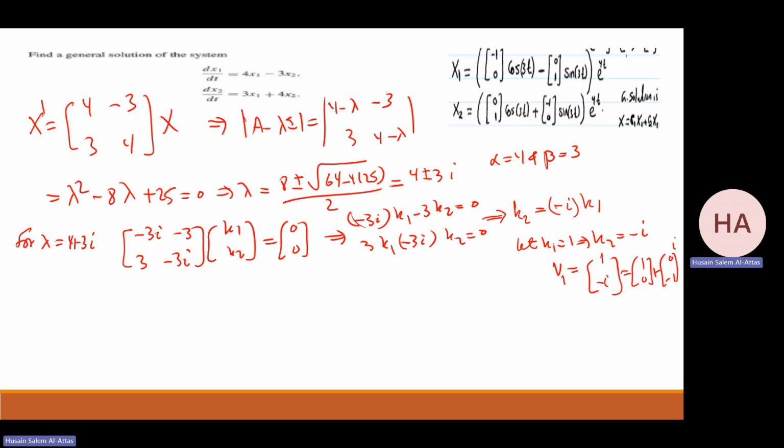He's using the second equation, this one. But it's okay. Where he has k1 equal i k2. So if k2 equals 1, k1 will be i. So you have i and 1, which is 0, 1.